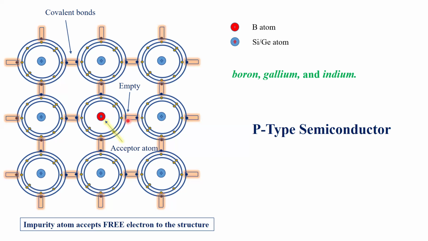This deficiency of an electron is called an empty space, an absence of electrons. You call it a hole. That means this atom is always ready to accept a foreign electron to come over here.